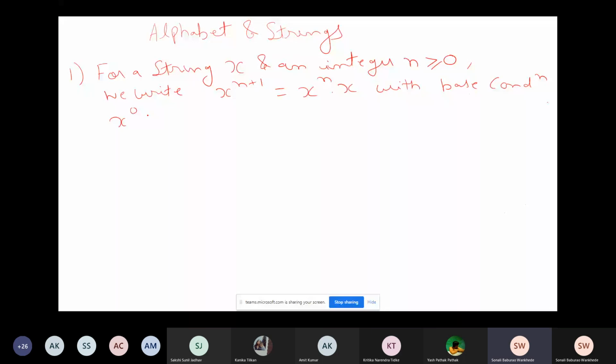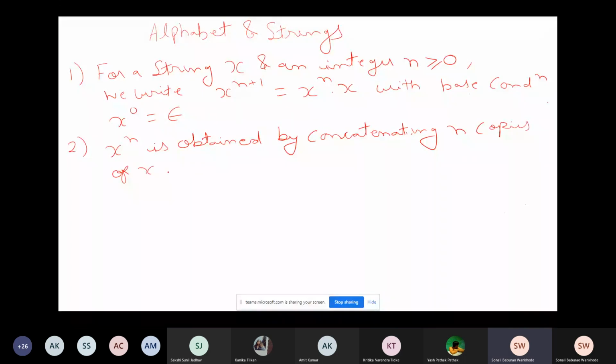The second rule says that x raised to n is obtained by concatenating n copies of x.